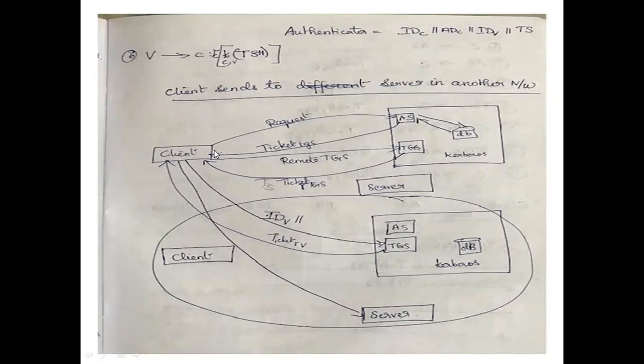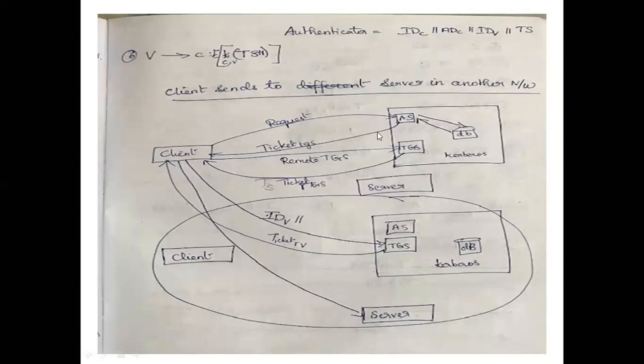Let's follow the diagram. The client is going to send a request to the authentication server again. In the same way it checks the database and returns a ticket TGS. Now this ticket is again sent to the TGS, and that TGS will send.